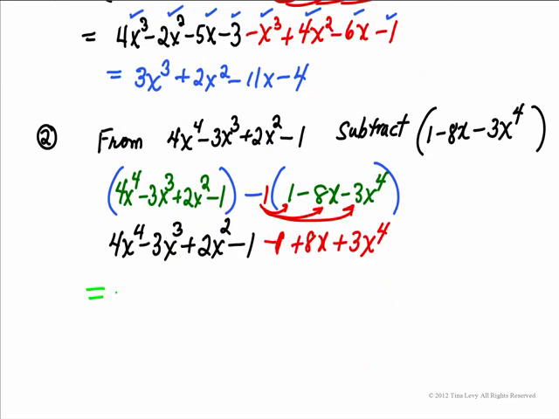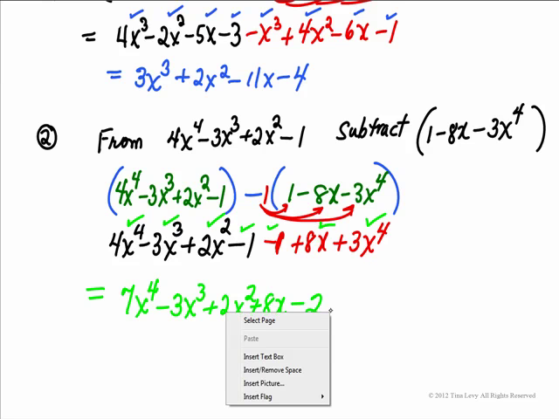Working this out in descending order, we get 4x to the fourth and 3x to the fourth, 7x to the fourth. Negative 3x to the third, we have none here, so we just put that. We've got a 2x squared, nothing here, so 2x squared. Now, by descending order, we need an x, so we have to put the 8x. And now we've got negative 1 and negative 1, negative 2.